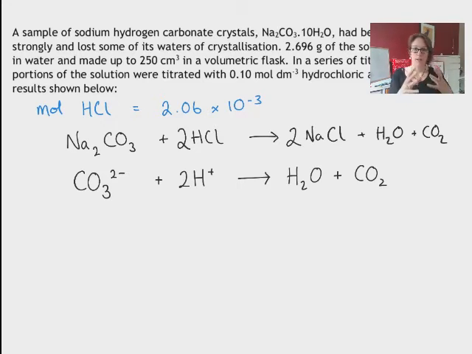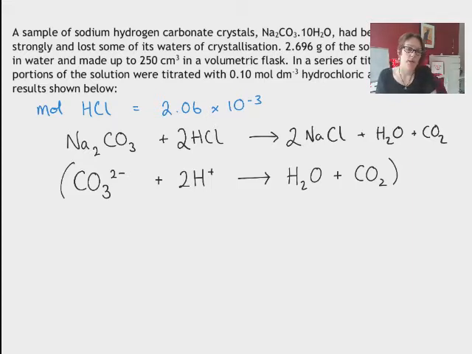Hydroxides, it's a single OH minus, 1 H plus, so it's a 1-to-1 ratio of OH minus and H plus. But for carbonates, you're essentially taking CO2 out, leaving an O2 minus behind. So you always need 2 H pluses. So if you have something like HCl, you will always need 2 moles to react with a carbonate. So we have our ratio. I'll pop that in brackets and we'll probably come back to it when we look at ionic equations next week.